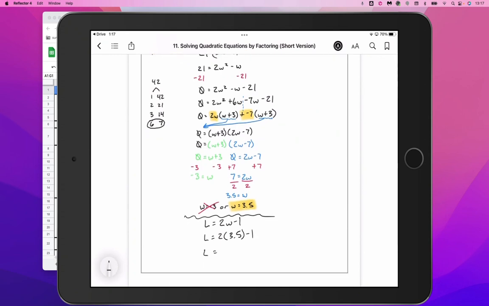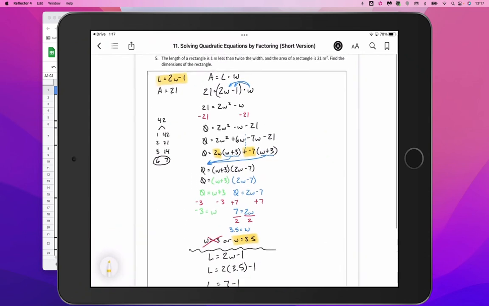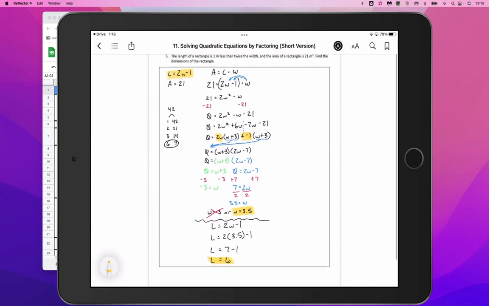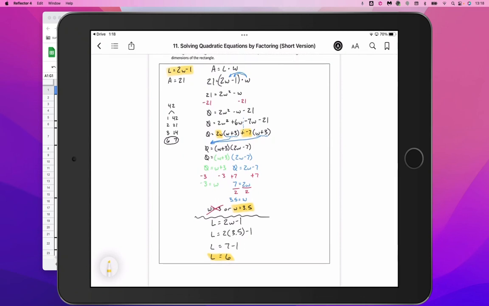And L is equal to 7 minus 1, so L is equal to 6. Now we have a length and a width for this thing, where the length is 6 and the width is 3.5. And if we were to multiply those to check, 6 times 3.5, is it 21, which was our area? Yes, it is.